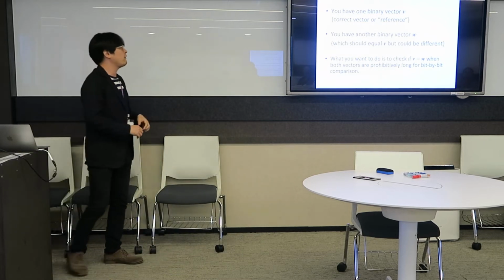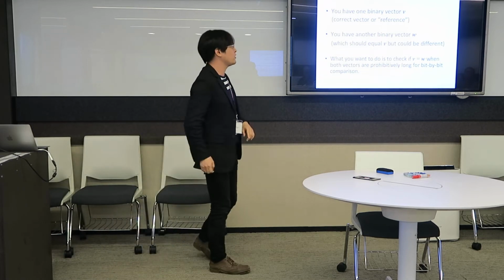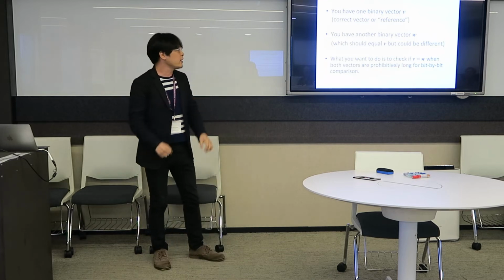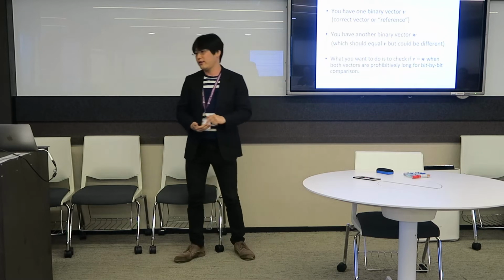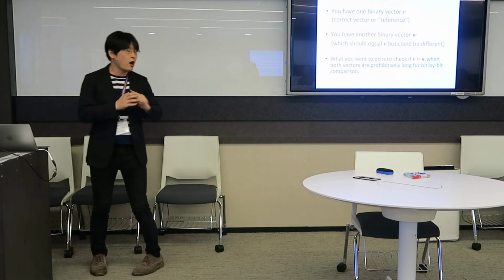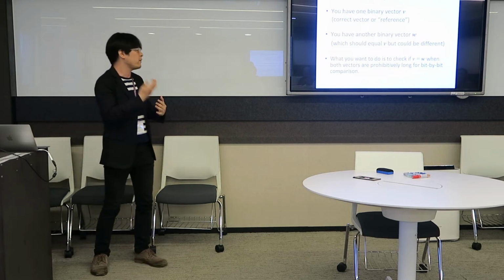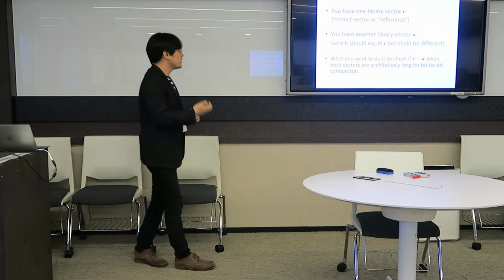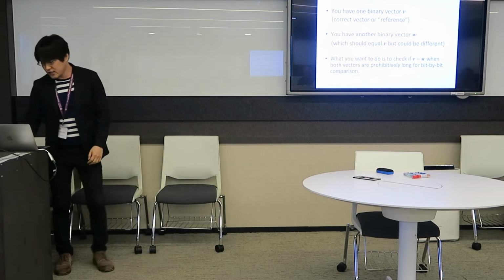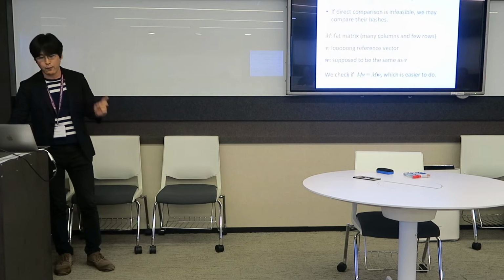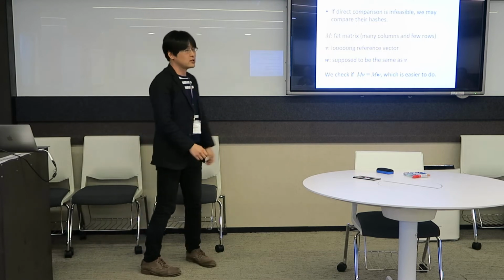If V and W are very small and contain, say, only 100 bits, then you can just compare V and W bit by bit. But if V is very long, or you do not have enough time to do a bit by bit comparison, then a simple comparison is infeasible. In such a case, one standard method is hashing.